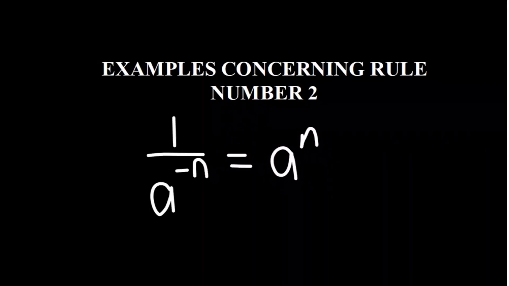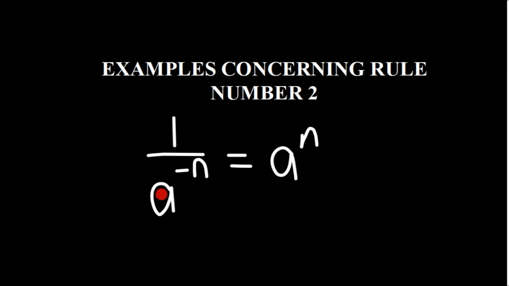Now let's take a closer look at rule number 2. How does rule number 2 work? Well, it's very simple. When you have 1 over a negative exponent, you just take a and bring it up to the numerator.